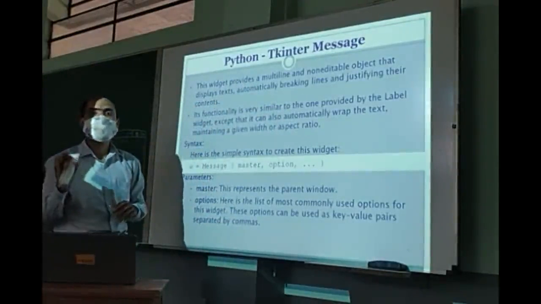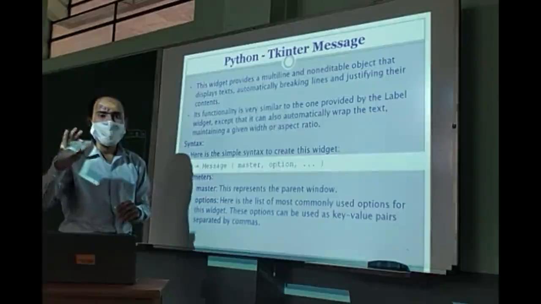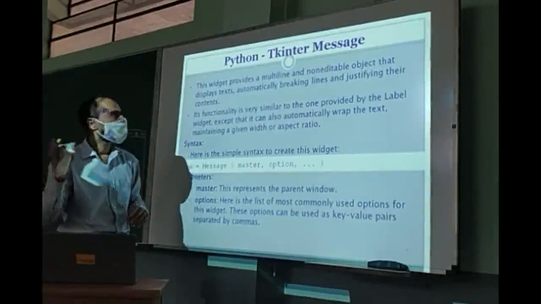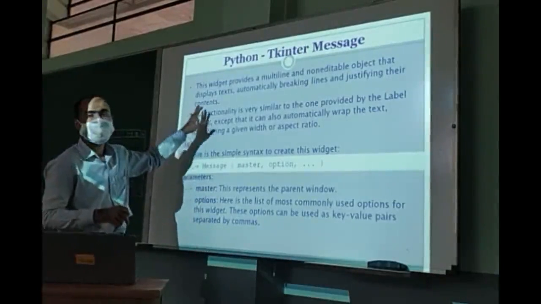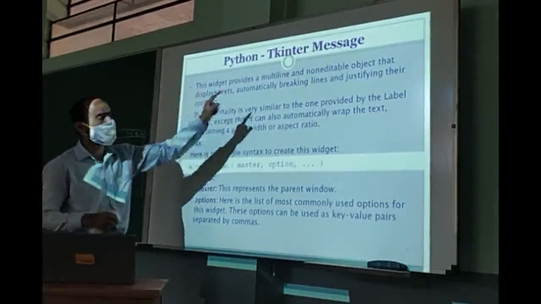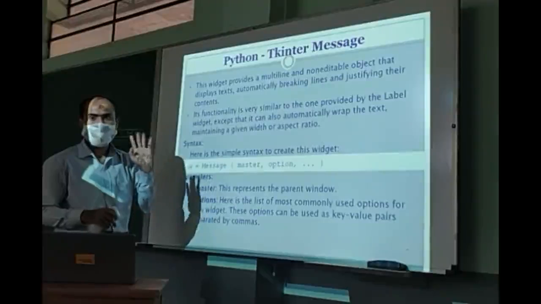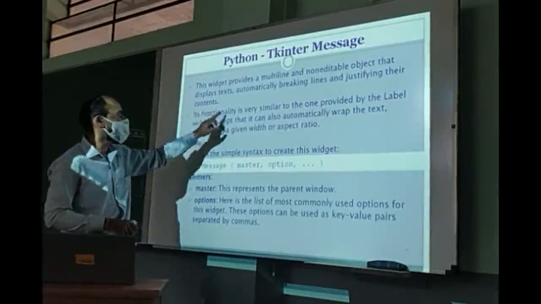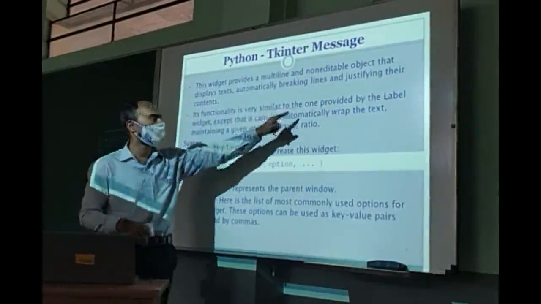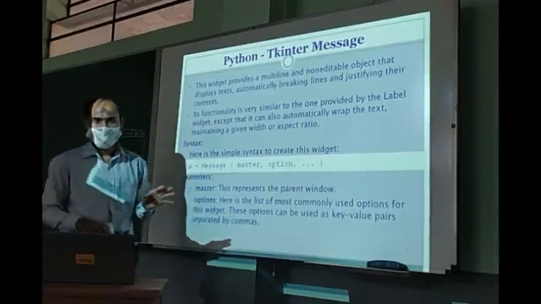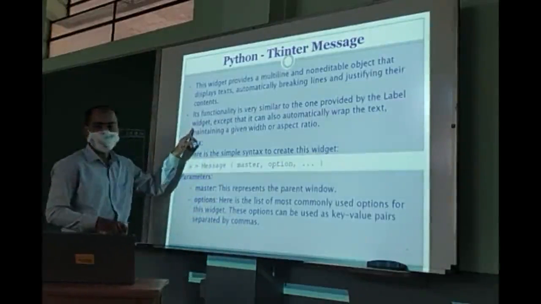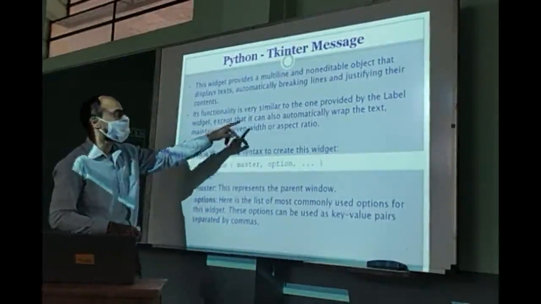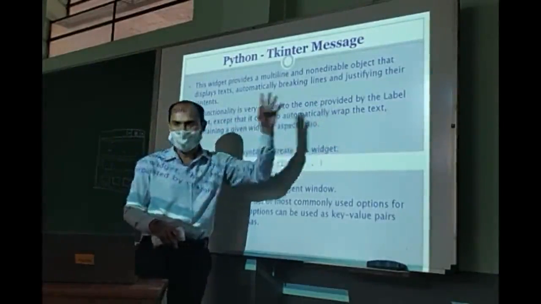It also provides automatic wrapping of content. And most importantly, it is non-editable. You cannot make changes in the content. Functionally, it is very similar to the label widget, except that it can also automatically wrap the text.